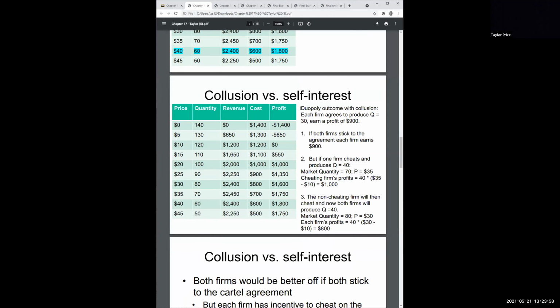Yeah, a question like this, where you're trying to determine how far a firm is going to cheat before they will stop cheating. What is the point where the firm is not going to cheat on the agreement? A question like that is important for duopoly and oligopoly.